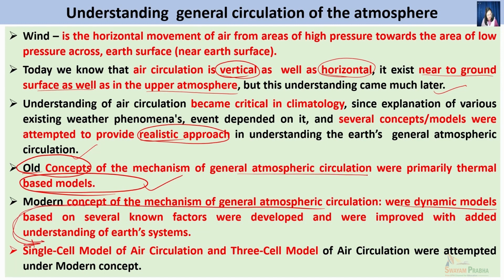So the modern concept includes the single cell model of atmospheric circulation and three cell model or tricellular model of atmospheric circulation. So these are the three kinds of models which were evolved in order to understand the general atmospheric circulation. We will start with the old concept of general atmospheric circulation.